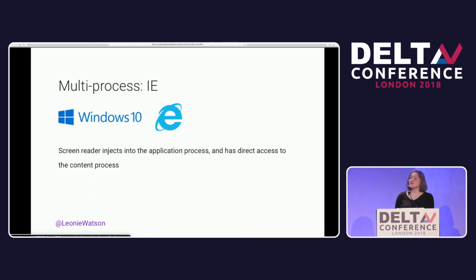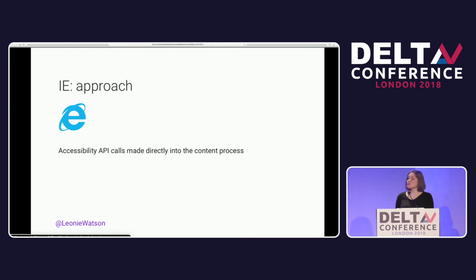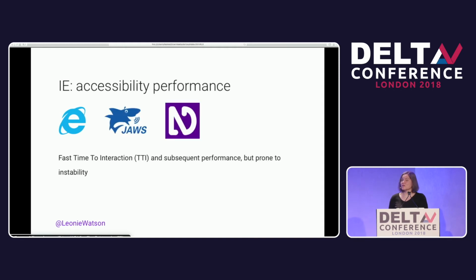But the reason I mention it is because what IE does is let the screen reader sit inside the application process, but it also gives the screen reader from there absolutely direct access to the content process. So the screen reader is injected into the application process, but there's absolutely nothing sitting between it and the content processes either. So this has some advantages.